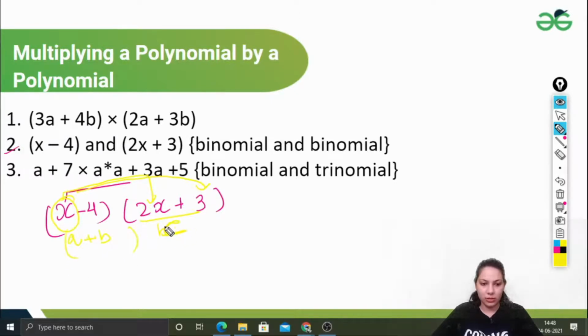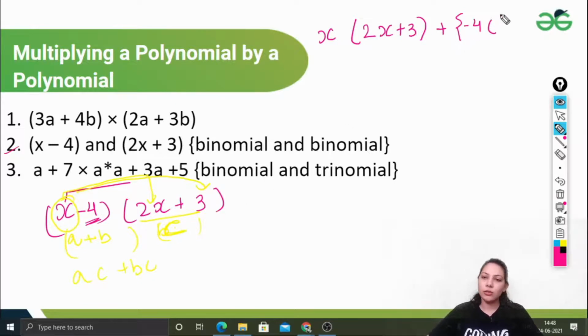Then we do ac plus bc. So we are doing x into (2x plus 3) plus b, which is minus 4, into (2x plus 3).